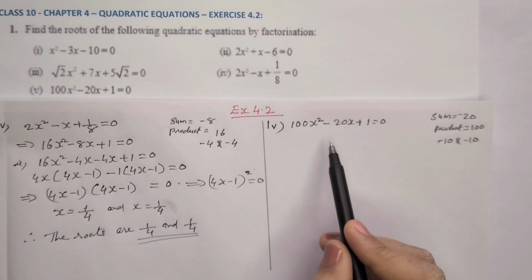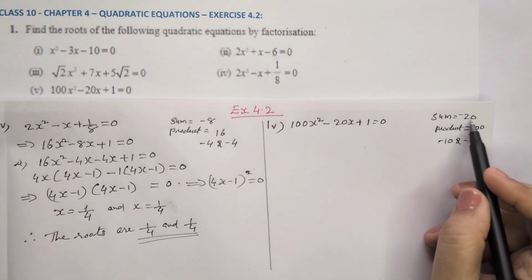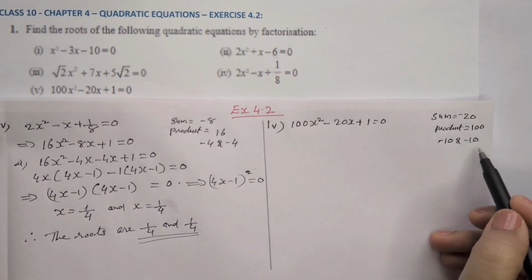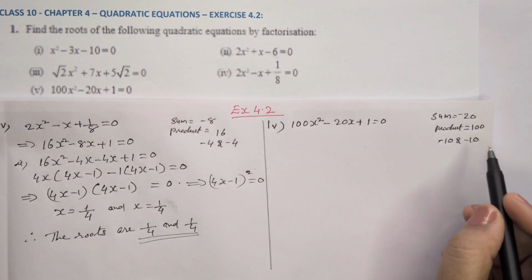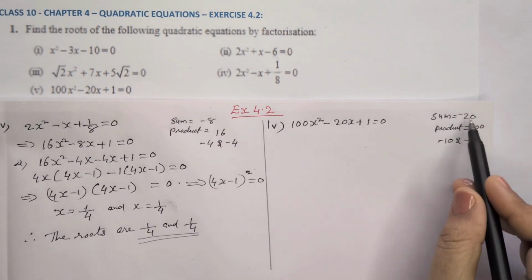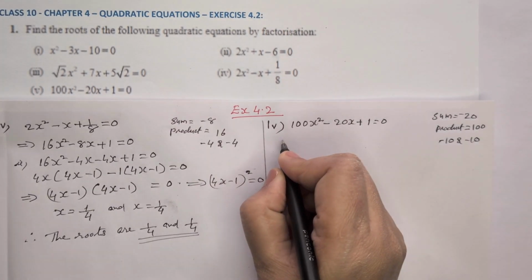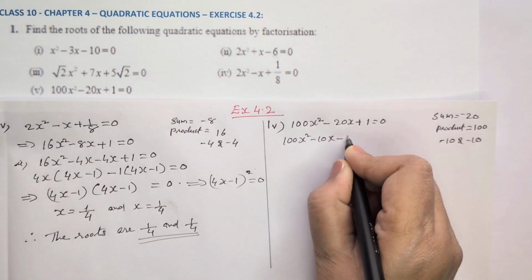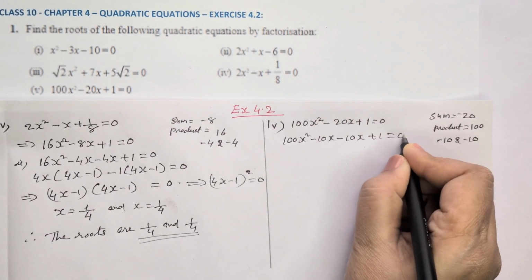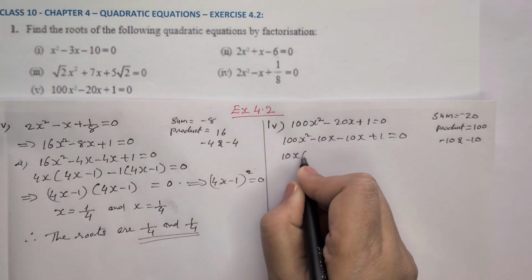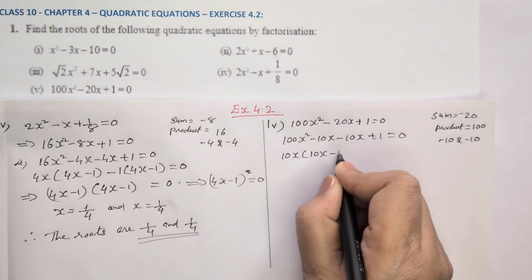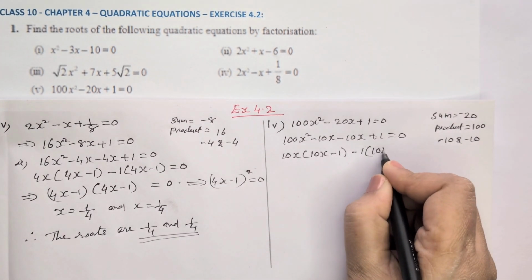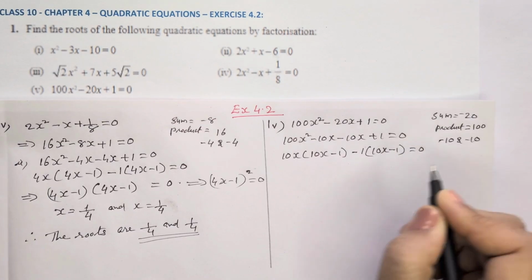Fifth one, 100x square minus 20x plus 1 is equal to 0. Sum is minus 20, product is 100, which means the numbers are minus 10 and minus 10. Minus 10 into minus 10 is positive 100, and adding gives minus 20. So we can rewrite this one as 100x square minus 10x, again minus 10x, plus 1 is equal to 0. From here 10x we can take as common, then 10x minus 1. From here minus 1 we have to keep out, and then 10x minus 1 inside the bracket.